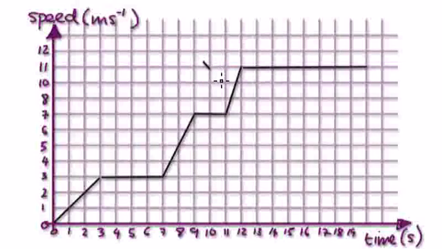Now my last question is, what is the acceleration at this point here? Okay, so at 11.5 seconds, or between 11 and 12 seconds. So what is the acceleration here? Okay, so press pause and have a go.